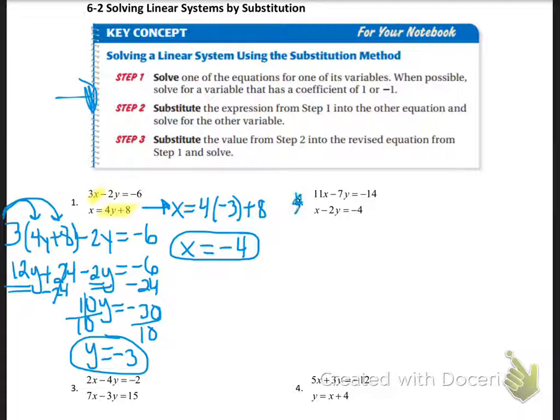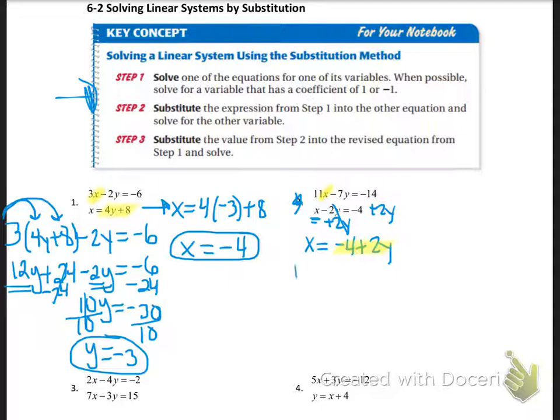In number 2, there is no variable alone, but you see this? In one step, you could get x alone. All you need to do is add 2y to the other side, right? So then you have x equals -4 plus 2y. So now that x is alone, what is x equal to? -4 plus 2y. Where am I going to plug that in? The name of the game is substitution, so you're going to substitute it in for x.